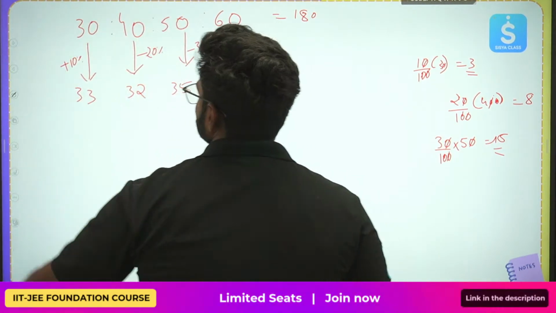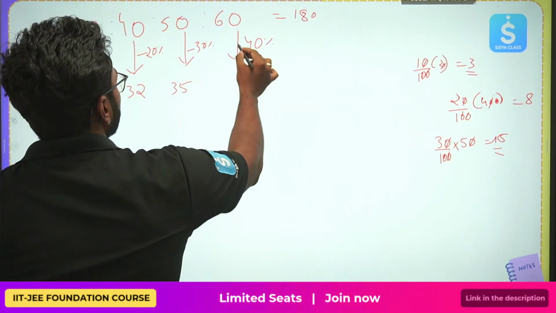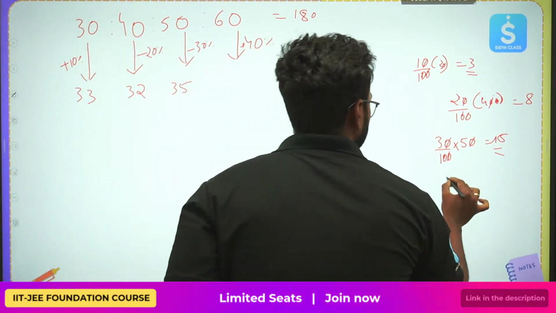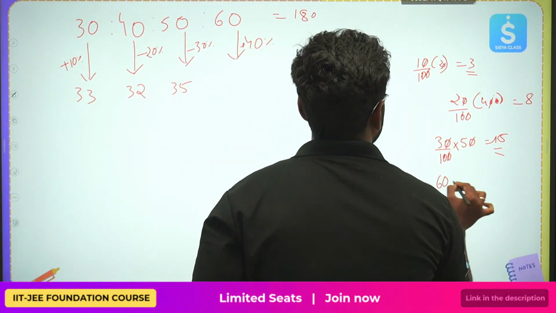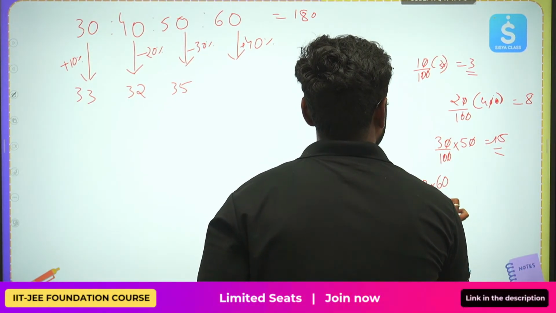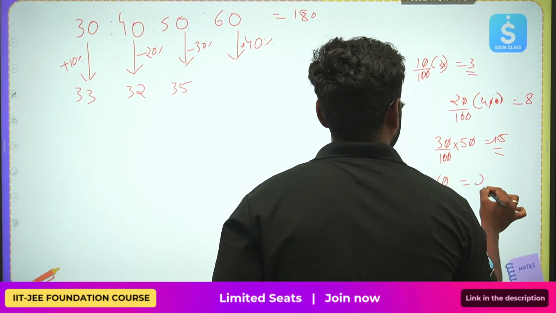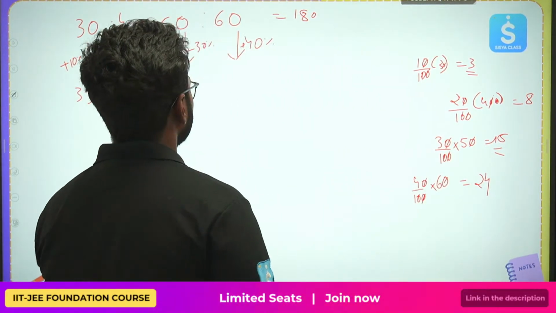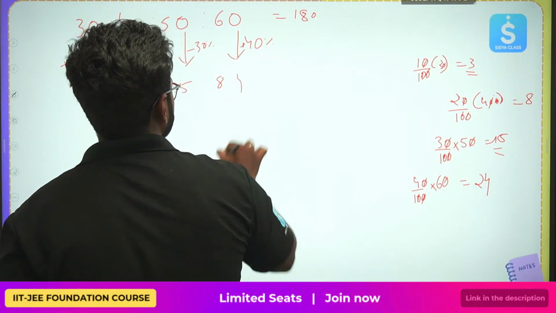Finally, 60 is getting increased by 40%. This will be 60 plus 24, which is 84.